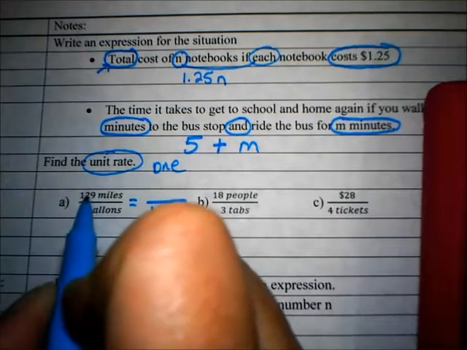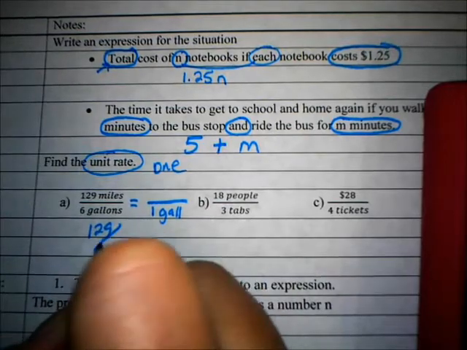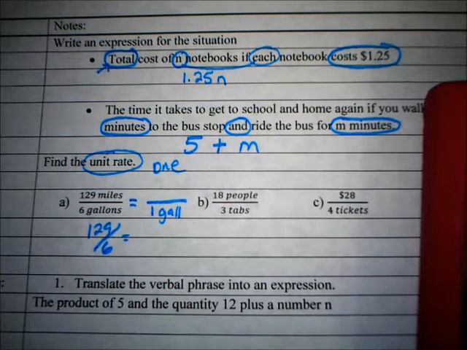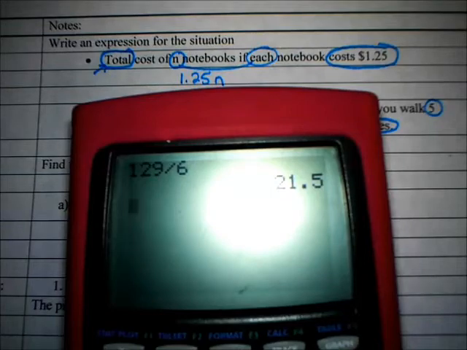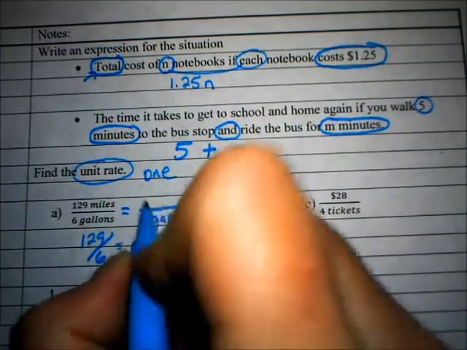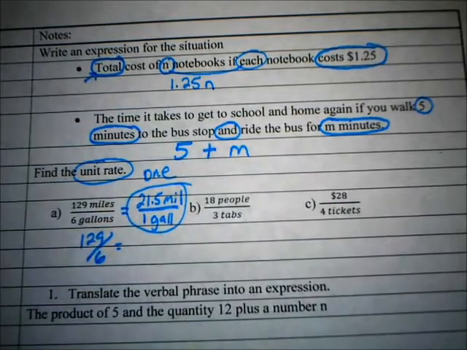Well, to get that, all we're going to do is actually divide these two numbers. So we're actually going to do 129 divided by 6. Okay, and if I divide those, I come out with 21.5. So this would be 21.5 miles will be my answer.